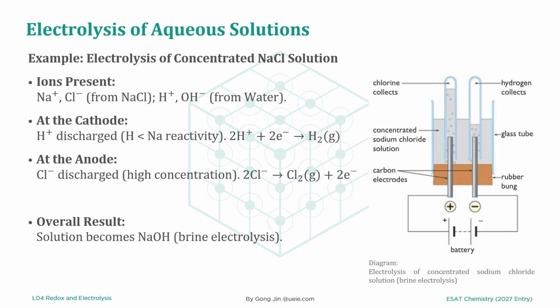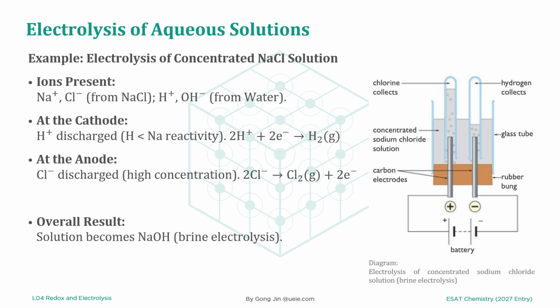Let's take concentrated sodium chloride solution as an example. We have sodium ions, chloride ions, hydrogen ions, and hydroxide ions. At the cathode, hydrogen ions are discharged instead of sodium ions because hydrogen is much less reactive than sodium, so we get hydrogen gas.